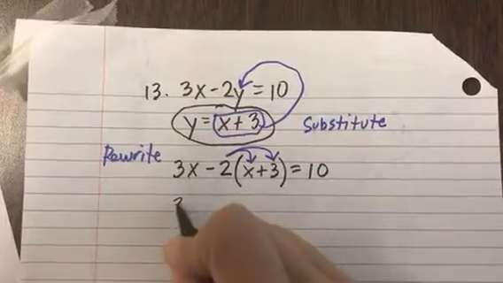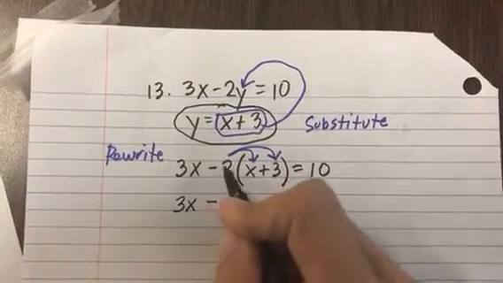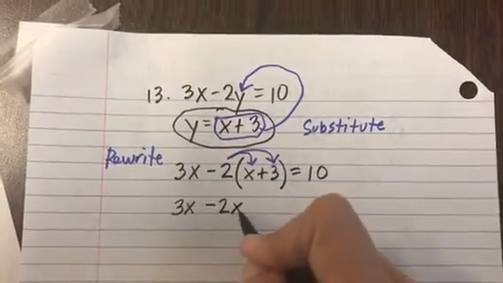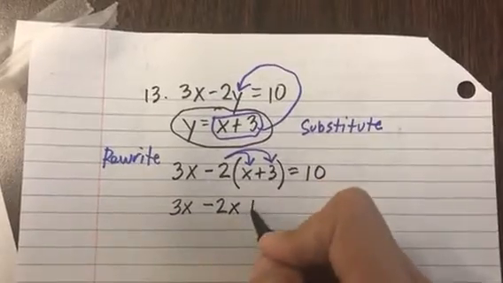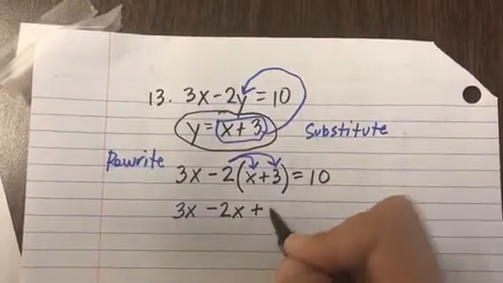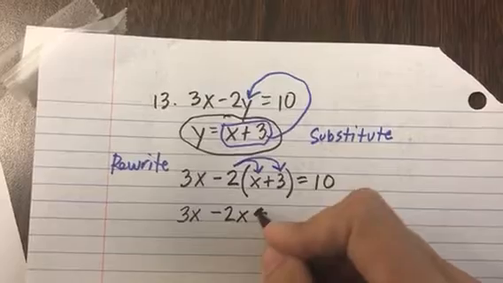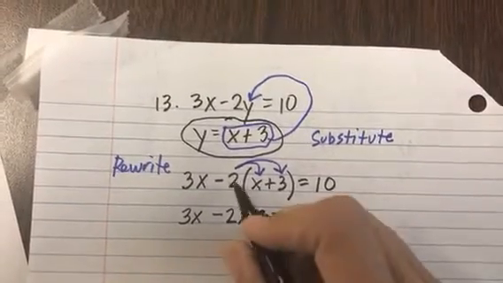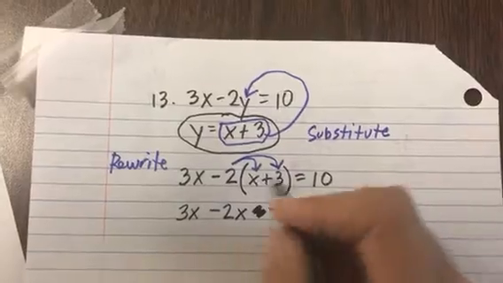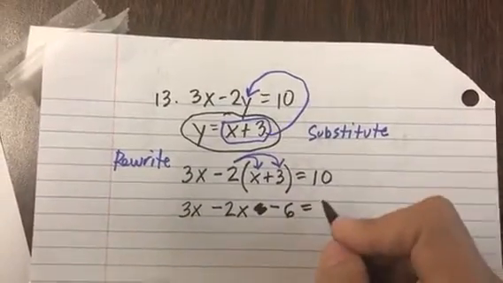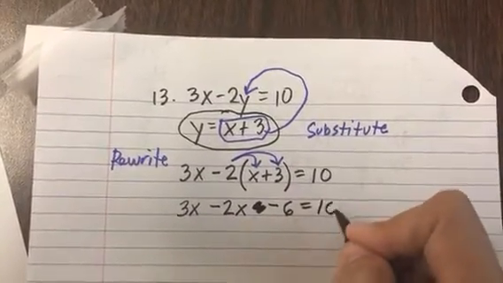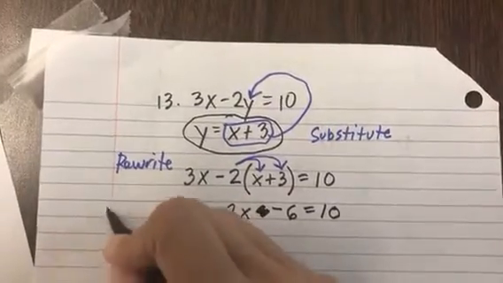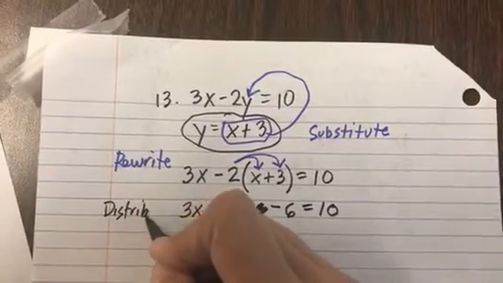So I have 3x, and a -2 times x is a -2x, and a -2 times a +3 would actually be, oops, a -3, or excuse me, a -6. -2 times 3 is -6. And this number is still 10. So we distributed.